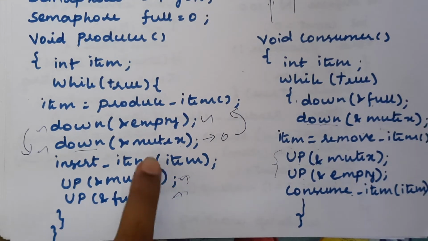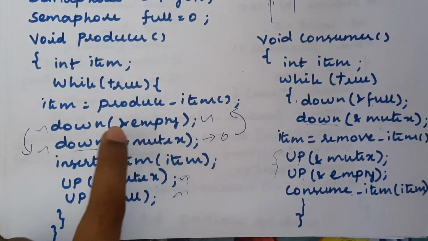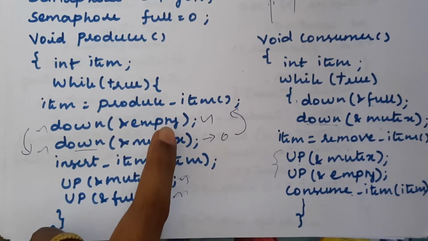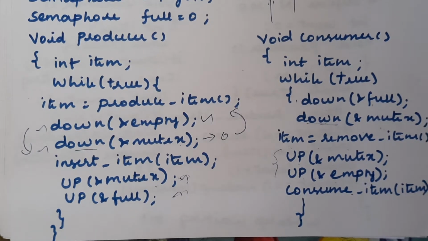Initially we have given the empty value as n. If we perform down on empty when it is n, it means lots of empty slots are available, so we can proceed. Suppose the empty value is 0. It means we don't have any empty space in the buffer, so we cannot proceed further, and the producer process will be blocked.